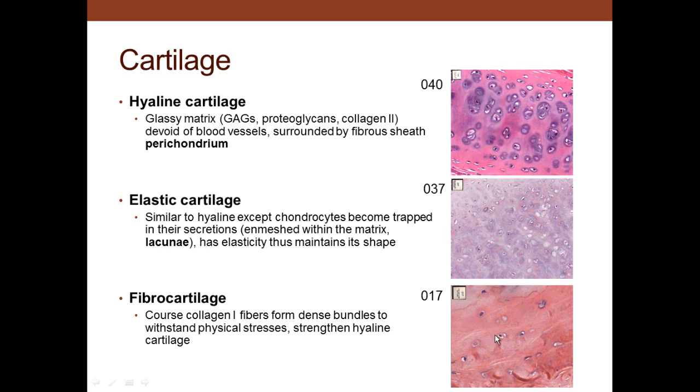Fibrocartilage is different in that you have individual chondrocytes that are embedded in connective tissue, like where a tendon or a ligament attaches to a bone. There is no perichondrium in the fibrocartilage because they're already in a connective tissue matrix themselves.